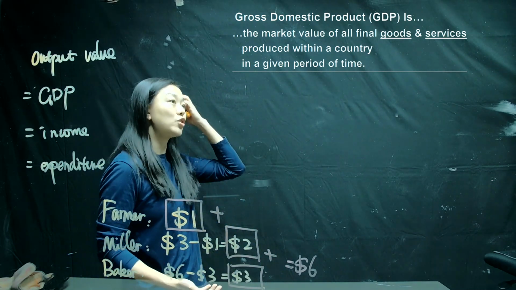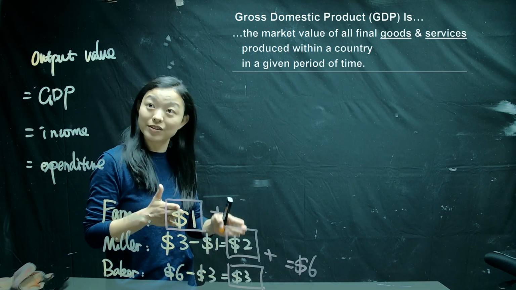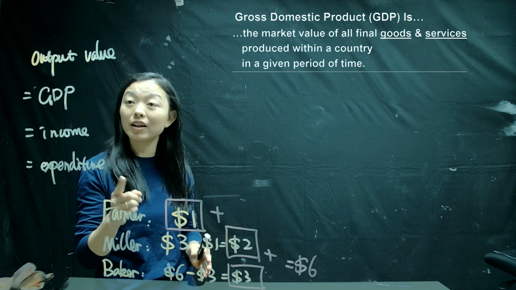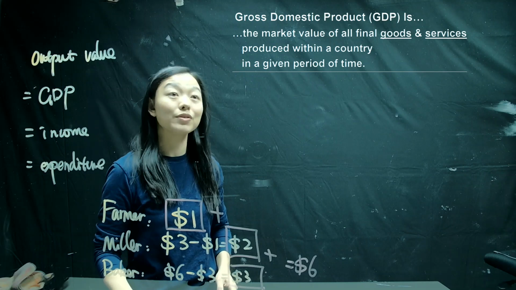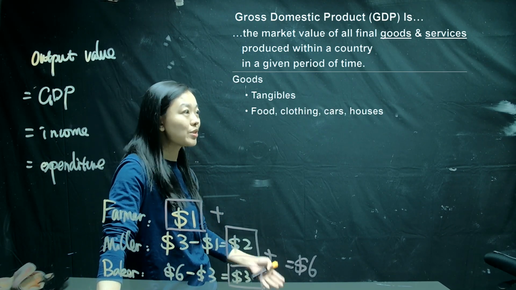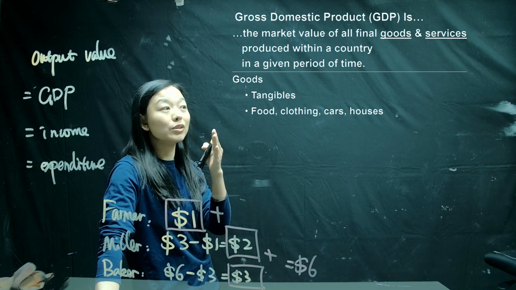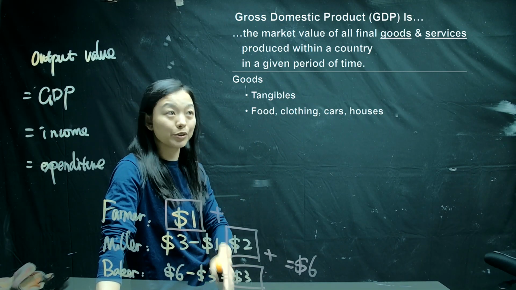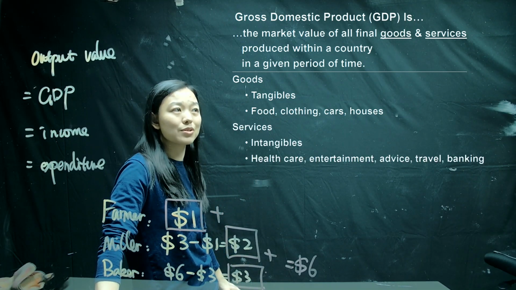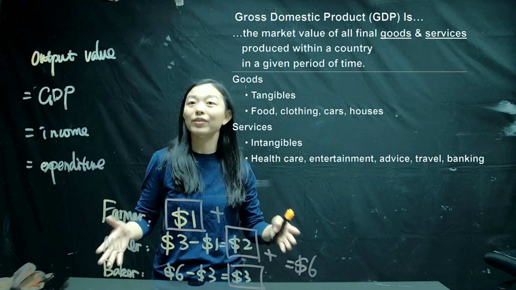Now let's look at another important thing about GDP. So we talk about GDP as the market value of all final goods and services. So GDP not only includes goods, it also includes services, right? Goods are tangible, like food, clothing, cars, houses. Those are put into the goods category. We also have services, like teaching, education, healthcare.